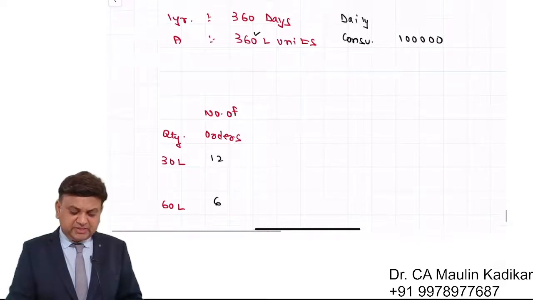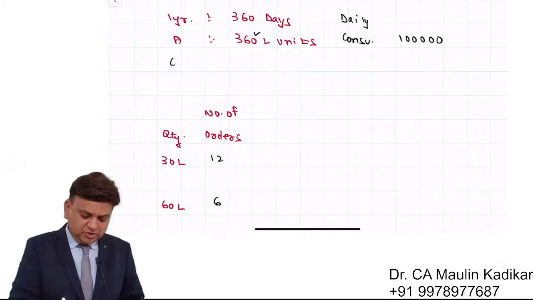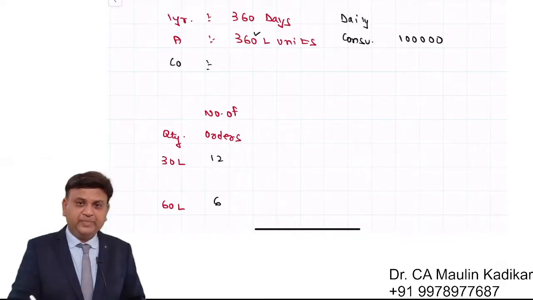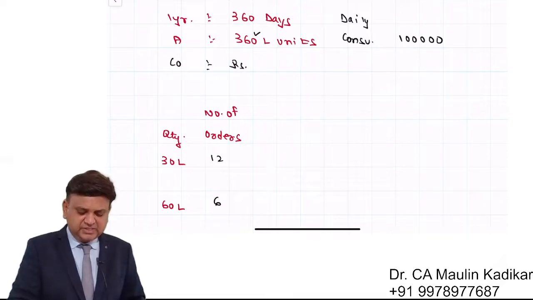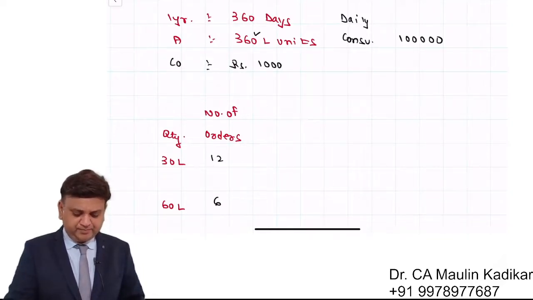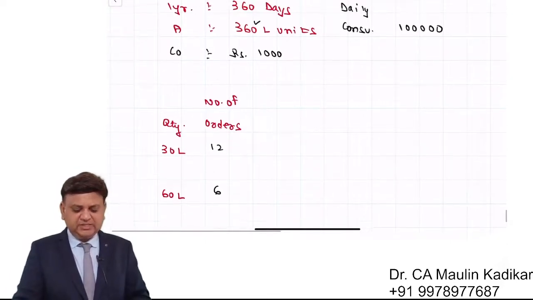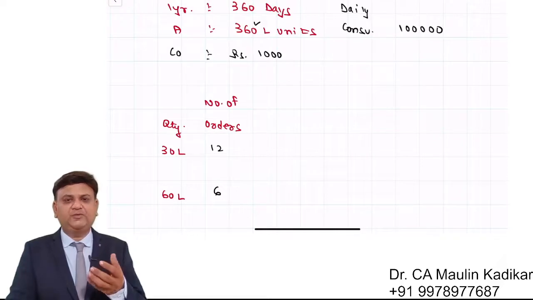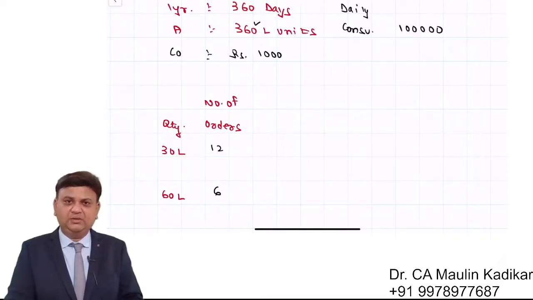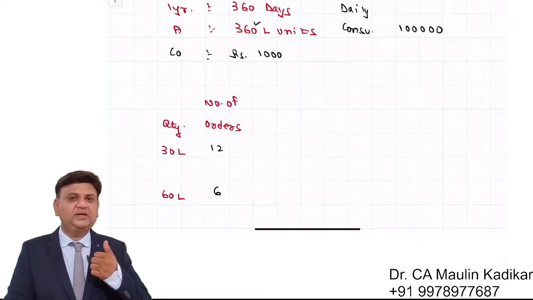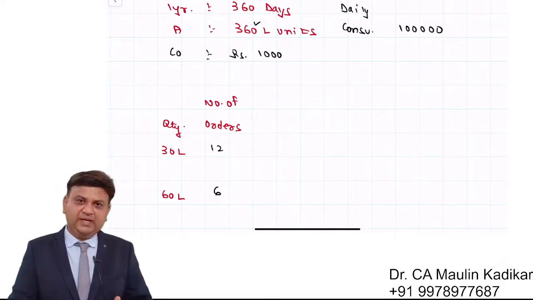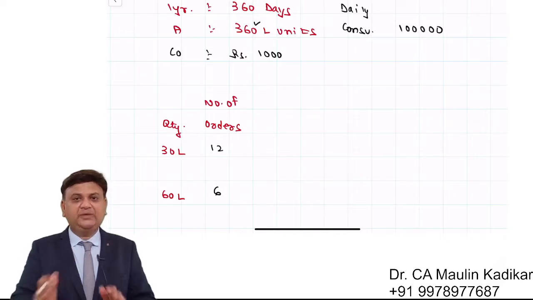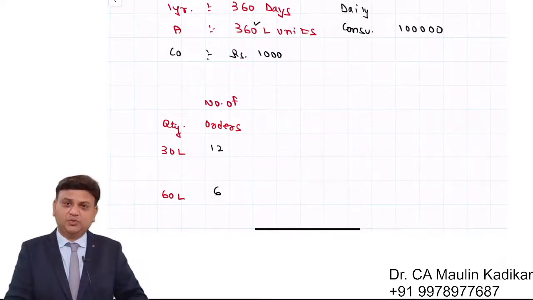There is a concept here, cost of placing an order. Let us say it is an amount of, just taking an assumed value, 1000. Cost of placing an order consists of a material requisition, the purchase order to be prepared, contact with the supplier, whatever administration or procedural work is going on.